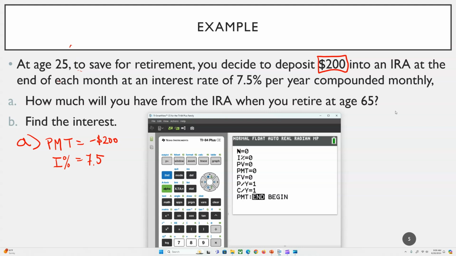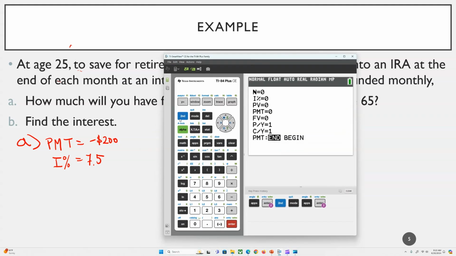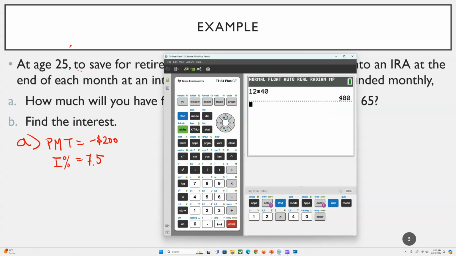I'm going to start at age 25 and go to 65, so you're saving for 40 years. But on top of that, you are making monthly payments, 12 payments a year for 40 years. You're making 480 total payments.